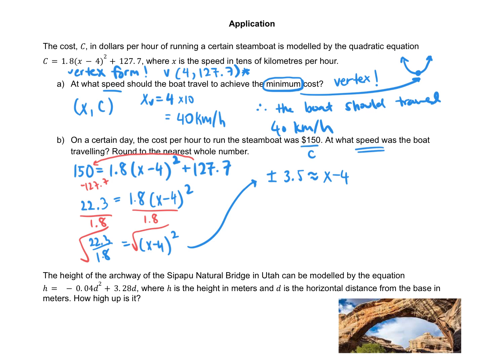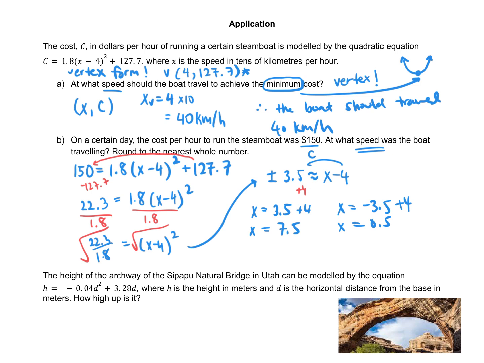And now we're just left with bringing that negative 4 over. And when we bring it over, we're going to be adding 4. And here are our two options. The positive 3.5 plus 4, which is 7.5, or the negative 3.5 plus 4, which is 0.5.